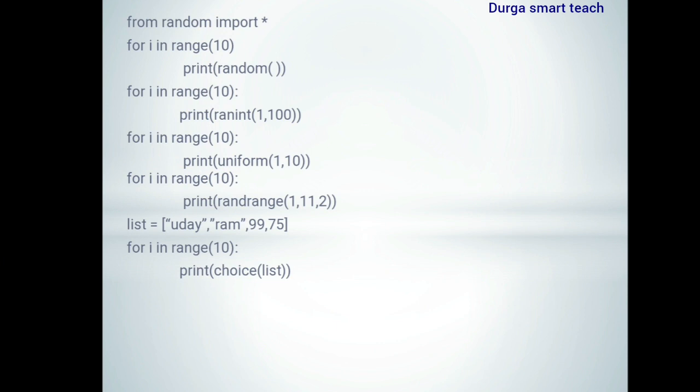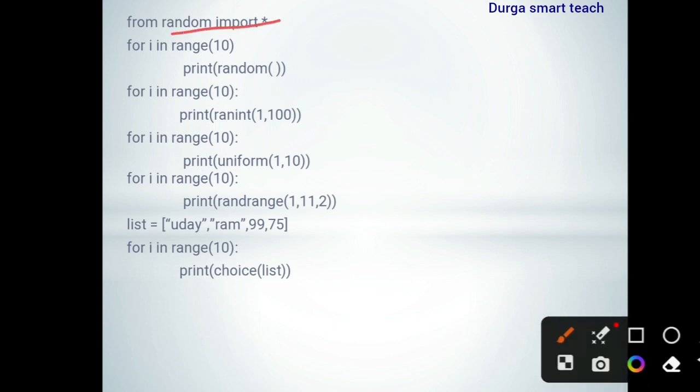Here, from random import *, we are importing all the functions from the random module. Next, for i in range(10), that means 0 to 9. Range of 10 means 0 to 9. The first i value points to 0. Is 0 in range 10?